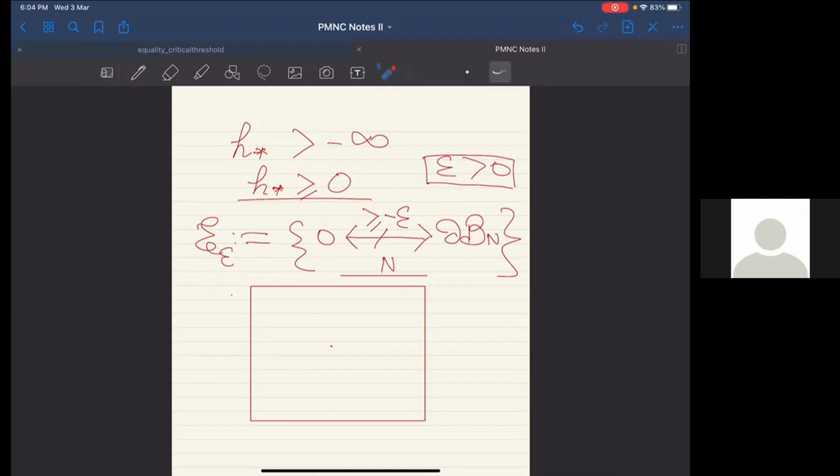So what will happen then is that if you explore the cluster from the boundary of this set, you'll hit a roadblock. You'll not be able to reach the origin.